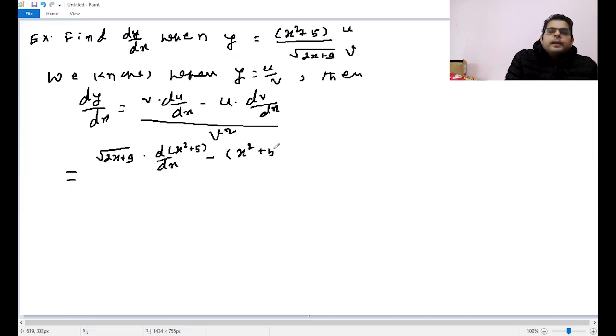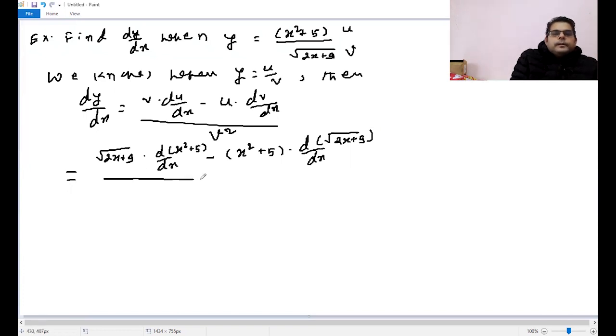Then dv by dx, that means in place of v we have the square root of 2x plus 9, and the whole thing is going to be divided by v squared, according to the formula. So in place of v squared we have root 2x plus 9 whole squared, and now let's proceed further.